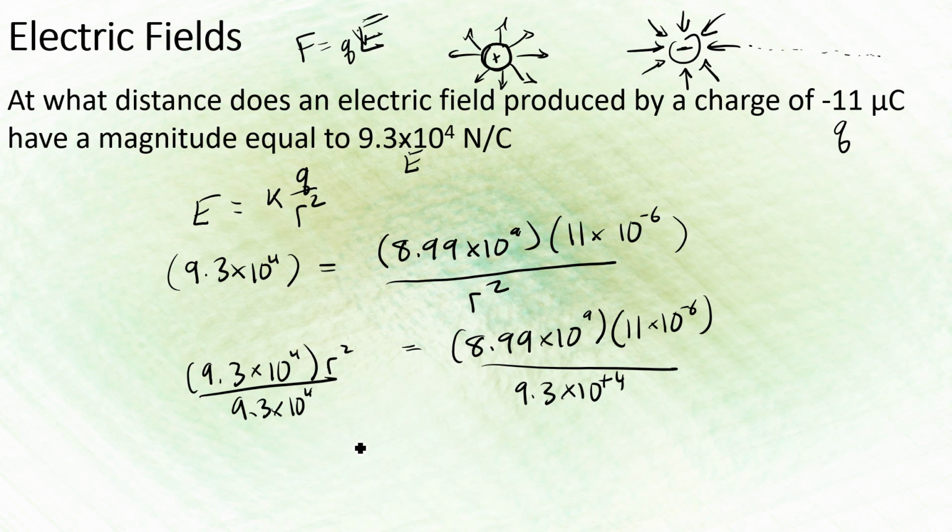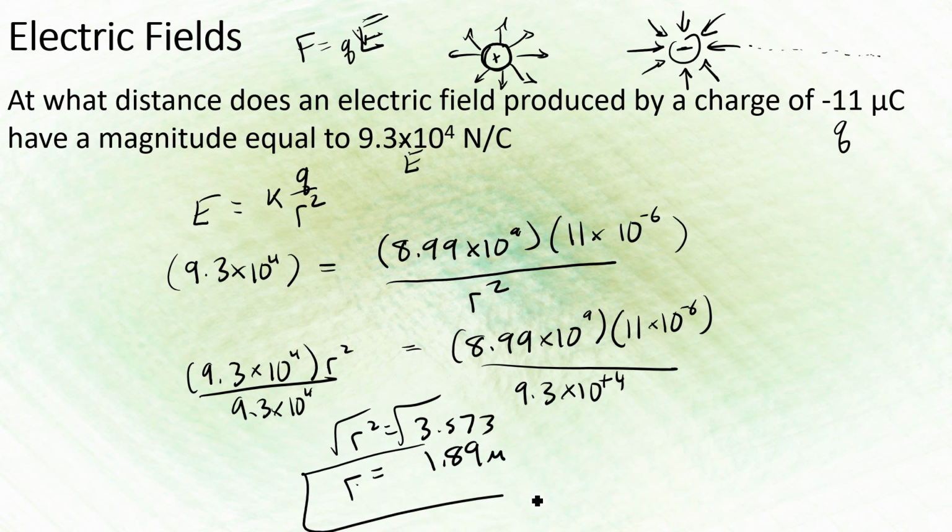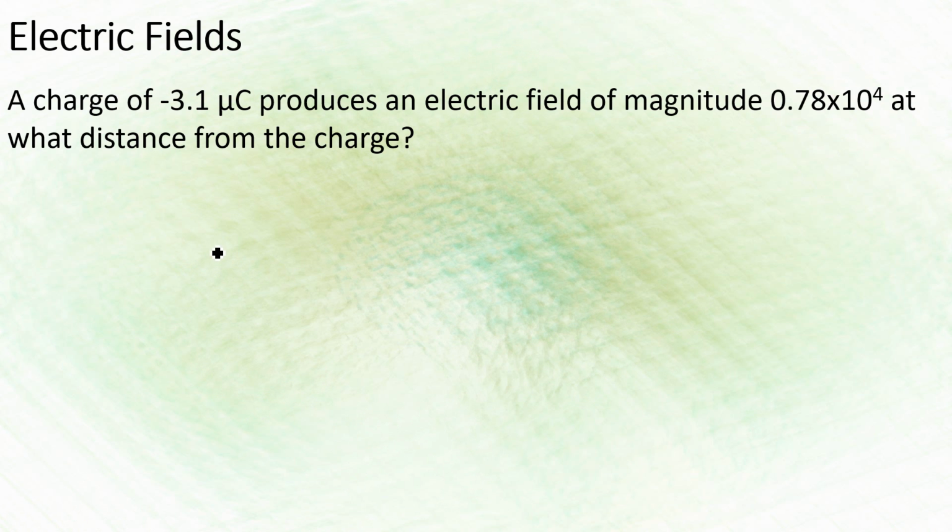All right, so r squared is going to equal 3.573, which means we'll square root and get r equals 1.89 meters. Oops, I looked at the wrong set of notes. This is 1.06, and this is 1.09. So you've got to jump on the next question, because that's actually the answer to the next question, which is very similar.